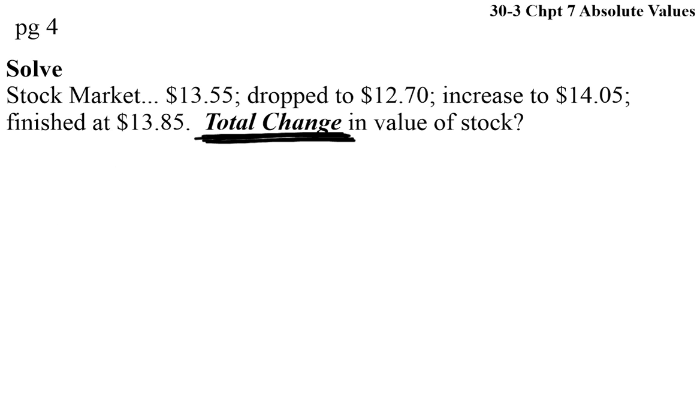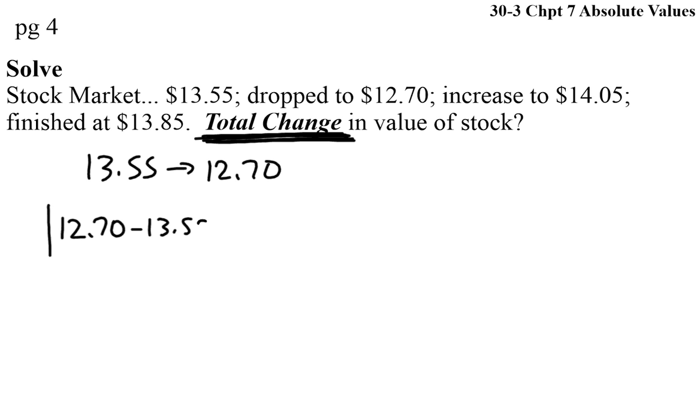Well, if I want to know the change of things, it's always what you finish with, subtract what you started with. So the first change was from $13.55 to $12.70. So what was the change? Well, finished at $12.70, subtract where it started, but we want the absolute of that.